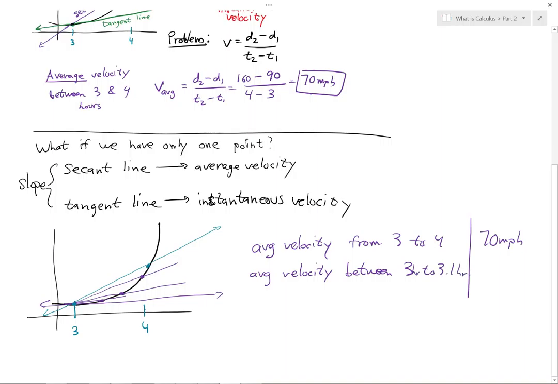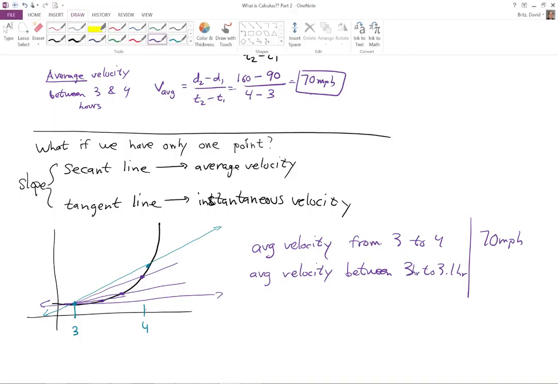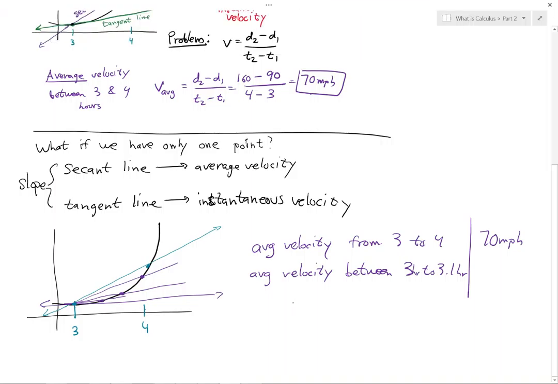So that's going to give us d2 minus d1 over t2 minus t1. It's 3.1 minus 3. D1, after 3 hours, is going to be 90, I believe.